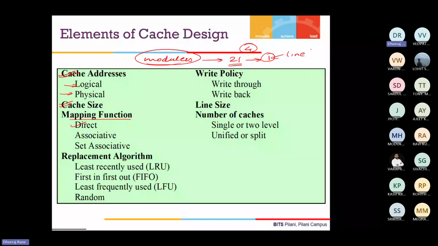Associative is one more mapping. Whatever the disadvantages of direct are, we are overcoming those disadvantages in the associative mapping, where a complete area will be available, or we will be free to store it in any of the blocks, right? So these are the two extremes. Here it will be specific.